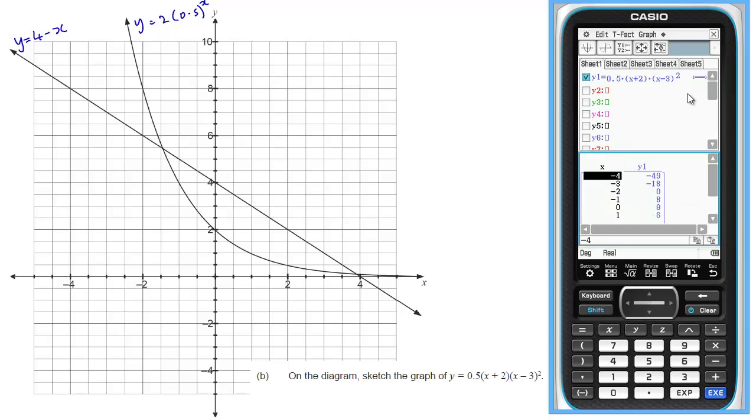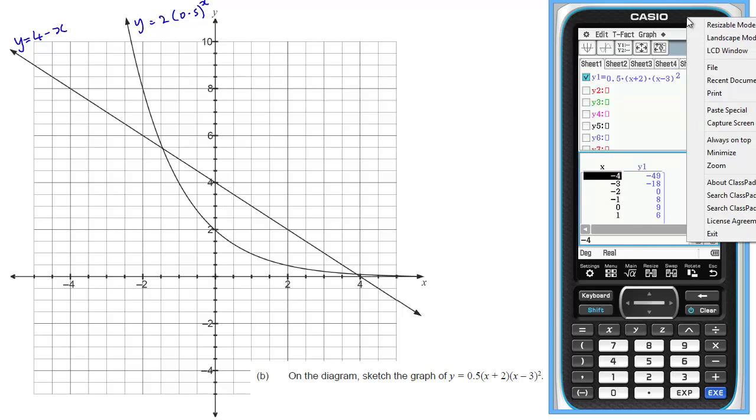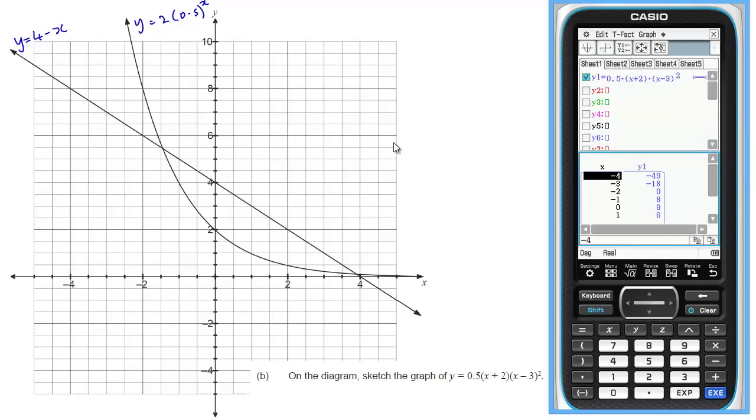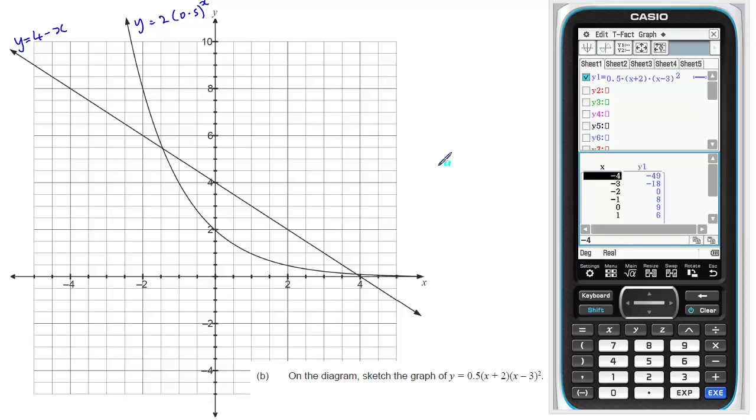And here it is. I'm just going to change my calculator so it's on top and in view when I start drawing. So -4, -49, I clearly can't put that on the graph at all.